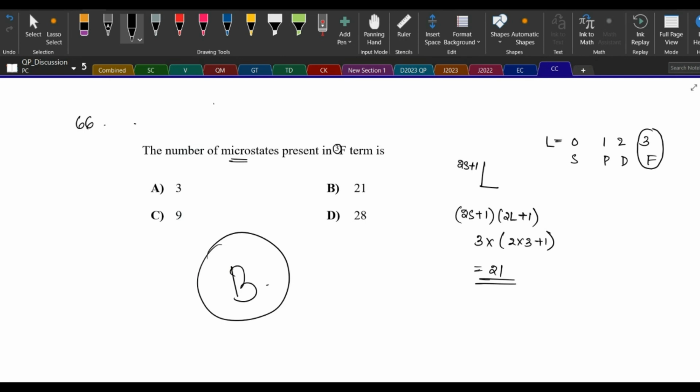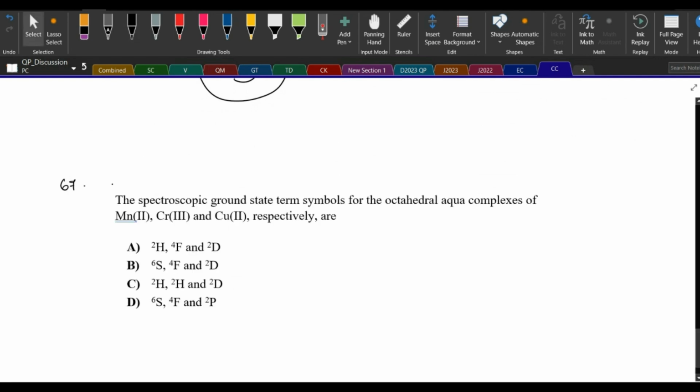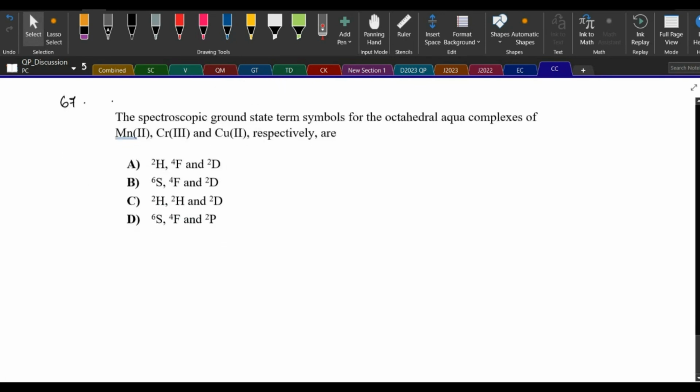All right. Next question, again from term symbols. This is to show how questions come combining term symbols and coordination. The question says: the spectroscopic ground state term symbols for the octahedral aqua complexes of Mn plus 2, chromium plus 3 and copper plus 2 respectively are.